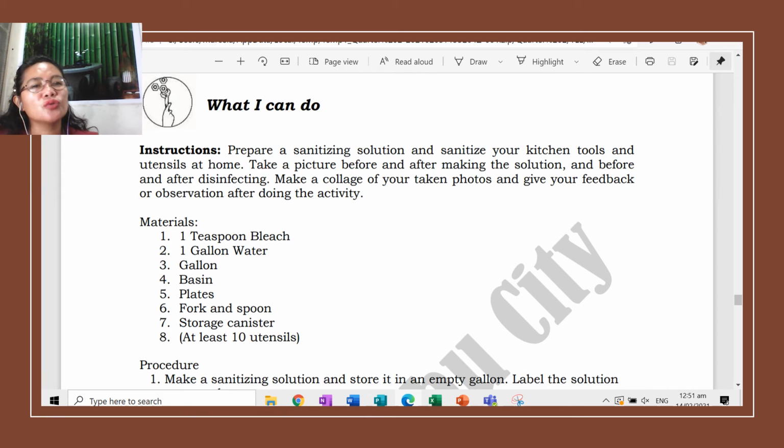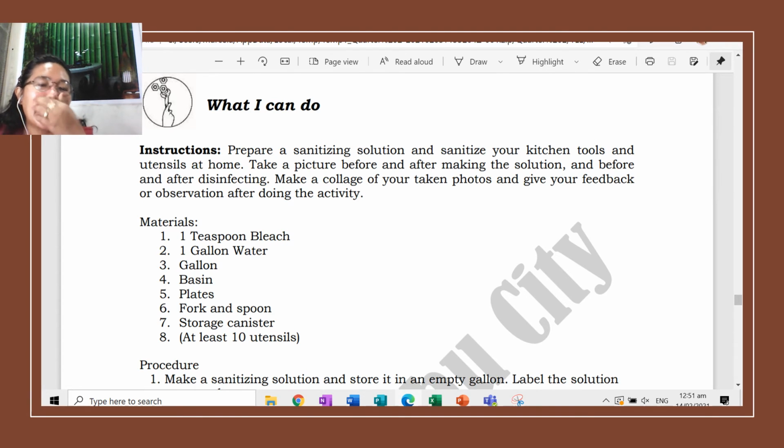Then what I can do? Okay, instruction. Prepare a sanitizing solution and sanitize your kitchen tools and utensils at home. Okay, you're going to take a picture before and after making the solution and before and after disinfecting. Make a collage of your taken photos and give your feedback or observation after doing the activity.